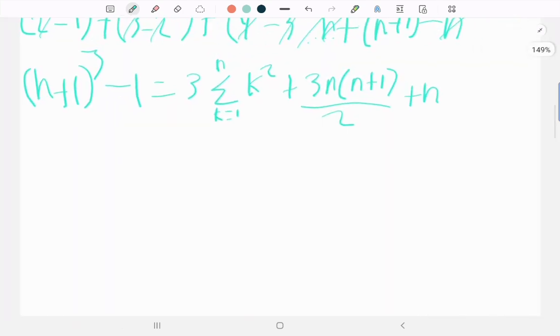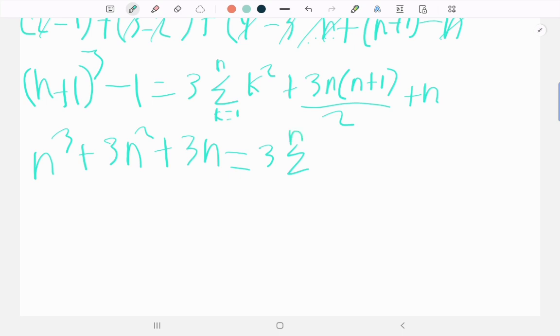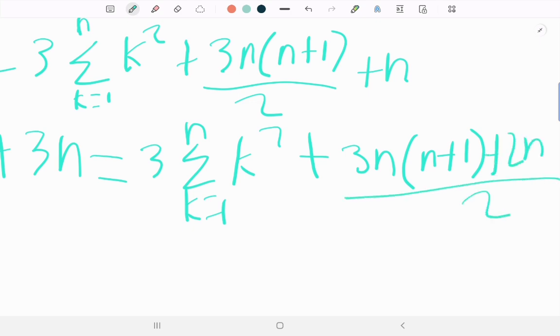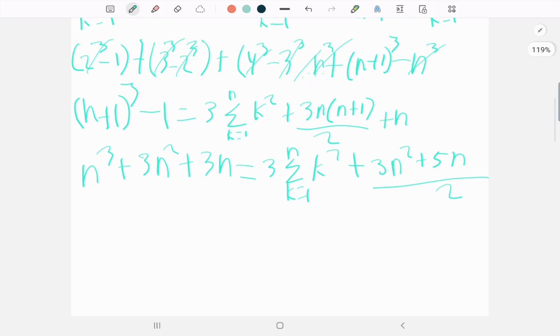So n cubed plus 3n squared plus 3n is equal to 3 times sigma of k squared, and then this is 3n times n plus 1 plus 2n divided by 2, or this simplifies to 3n squared plus 5n divided by 2.